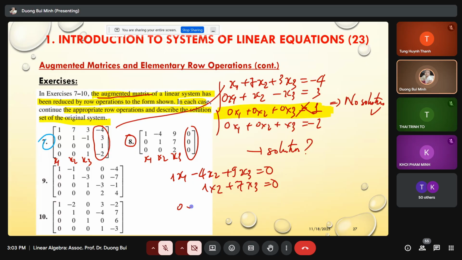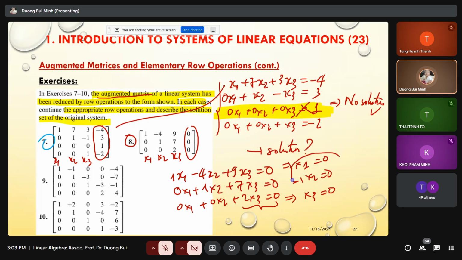And then 0x1 plus 0x2 plus 2x3 is 0. So here 2x3 is 0, that means x3 is 0. If x3 is 0, x2 is 0, so x1 is 0. So the solution is zero, right?